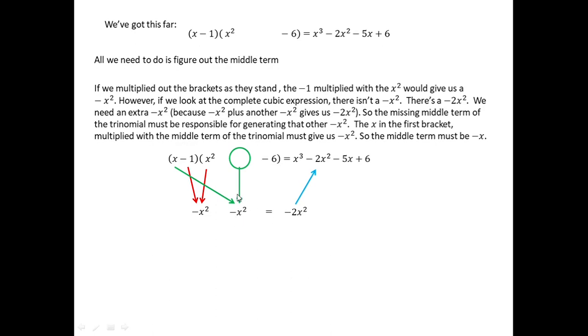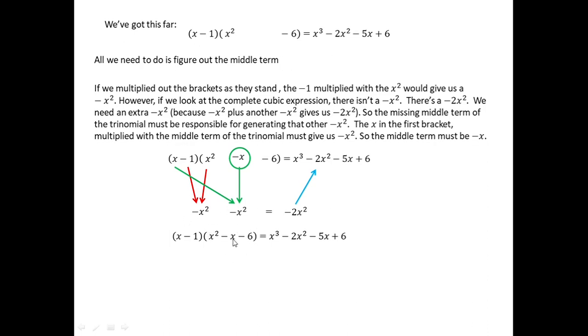So that is telling us that this middle term in our trinomial times that x there has to give us a -x squared, so that this -x squared and that -x squared will combine to give us the -2x squared that is in our original expression. So that times this has to give us -x squared, which means this middle term has to be a -x, because x times -x gives us -x squared. There we go. So we now know what this trinomial is.